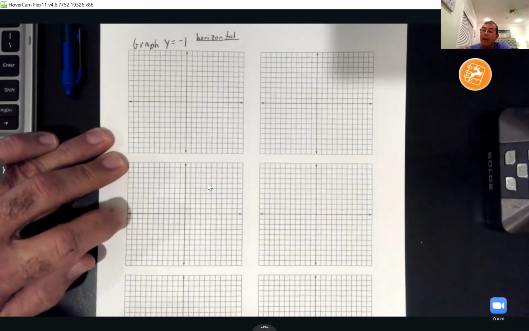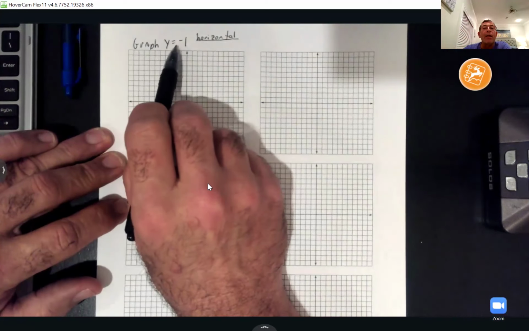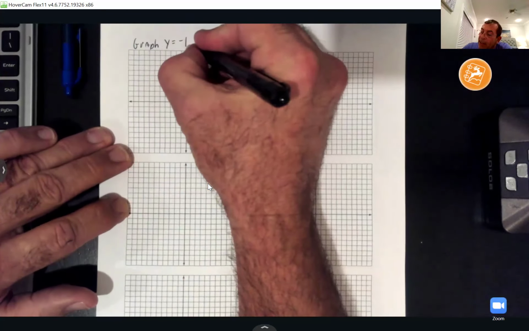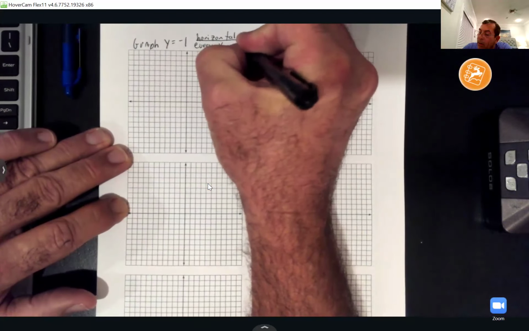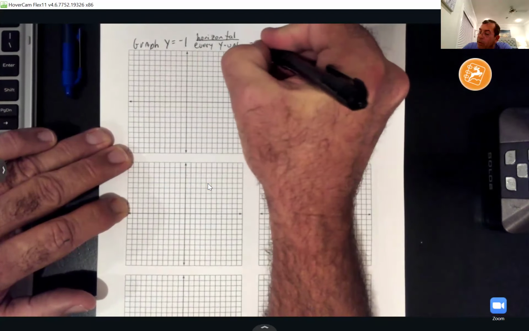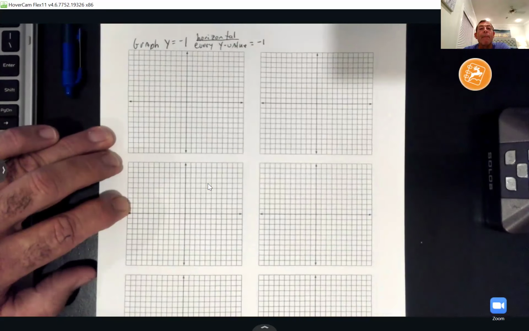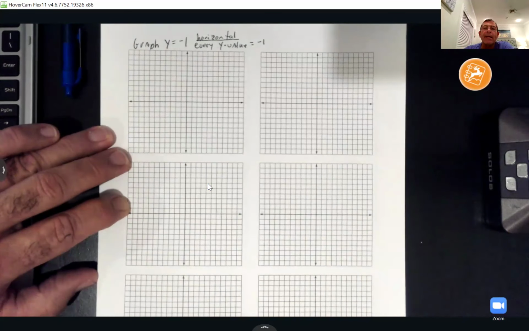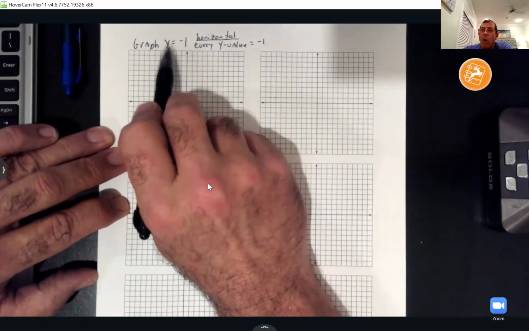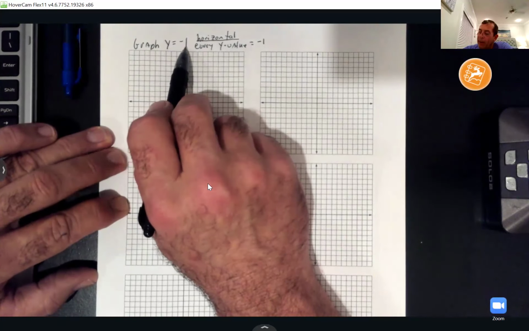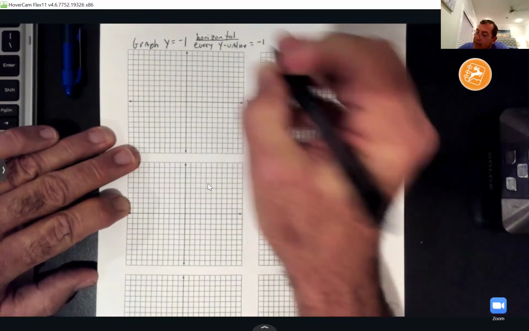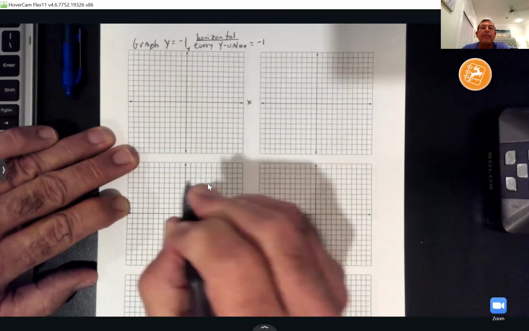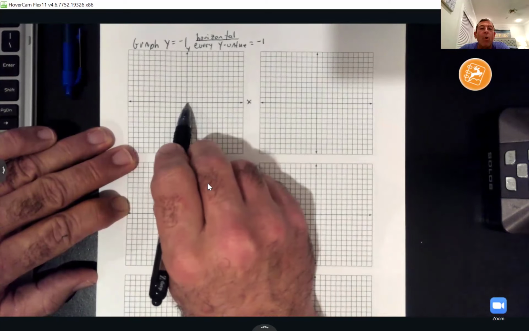Now, since they got y equals negative 1, that means every y value equals negative 1. It don't matter what the x's are. They're telling me y has to equal negative 1. So remember, here's your x-axis, here's your y-axis, there's my origin.